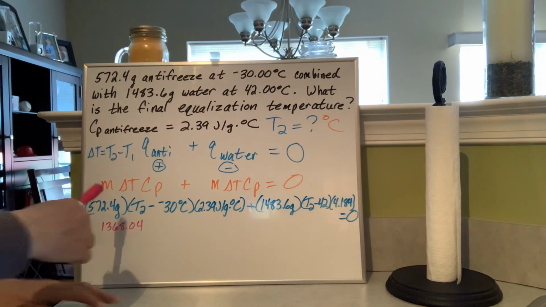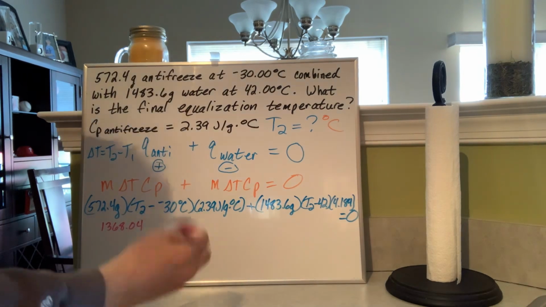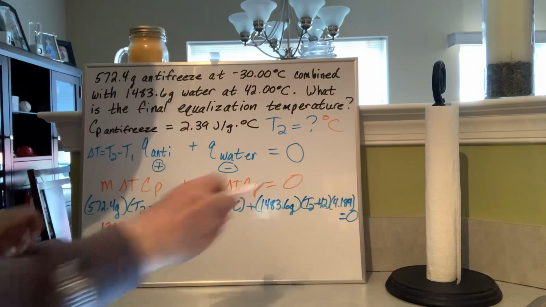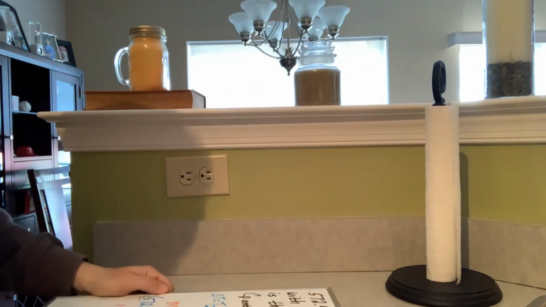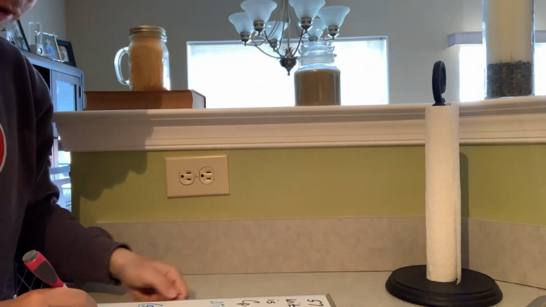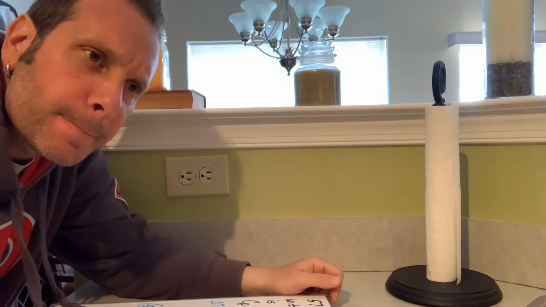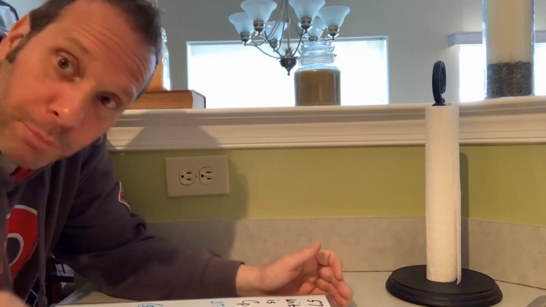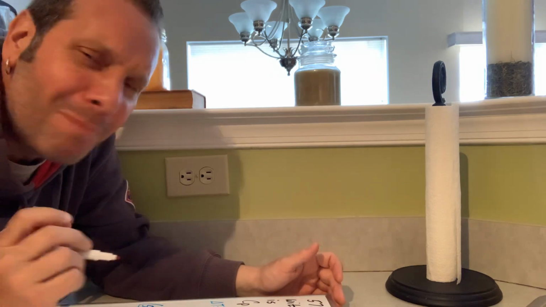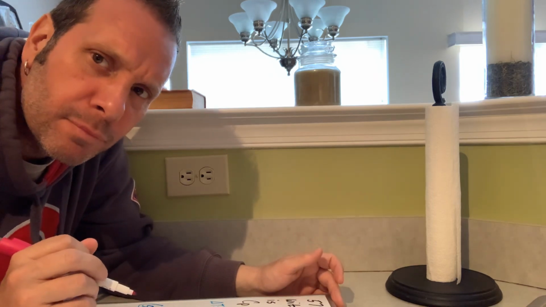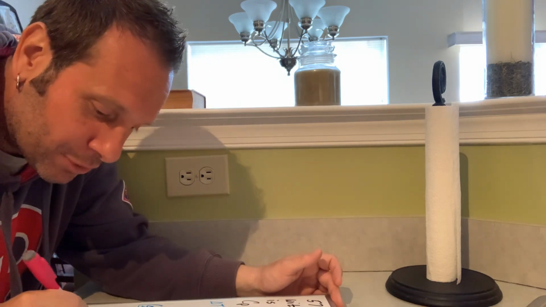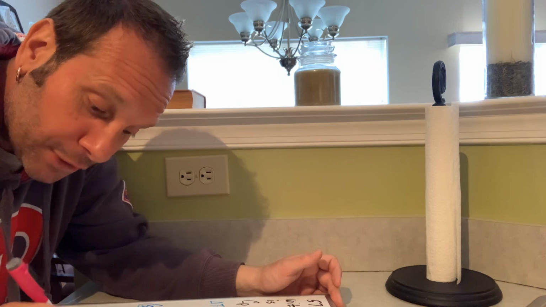That's just M times CP. We also have to multiply it by this quantity delta T: T2 minus negative 30. Minus negative is plus, so T2 plus 30.